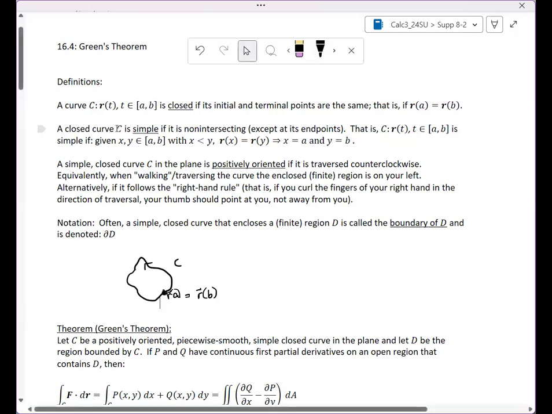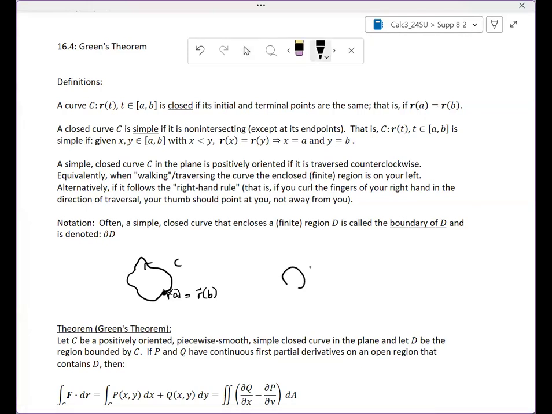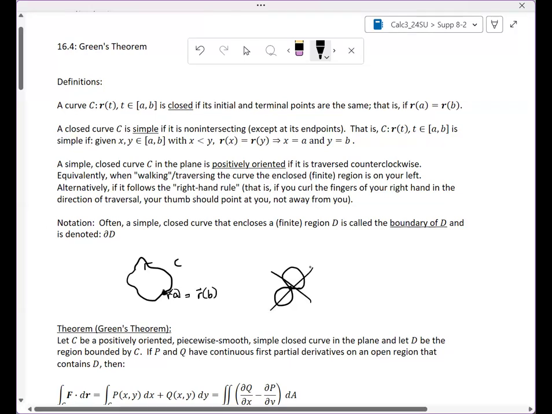We say that our closed curve is simple if it's non-intersecting. So we don't want a curve like this that intersects itself. We want a non-intersecting curve.